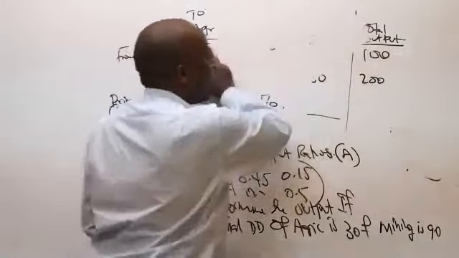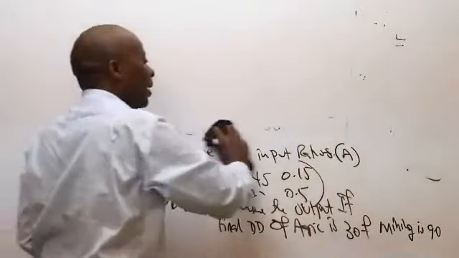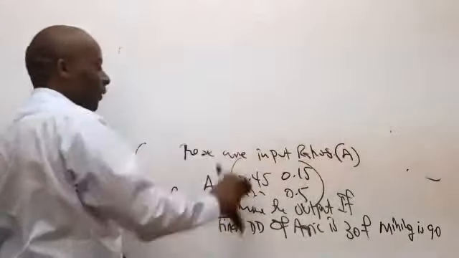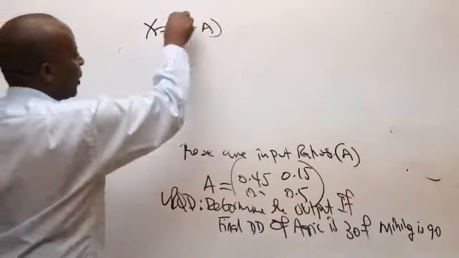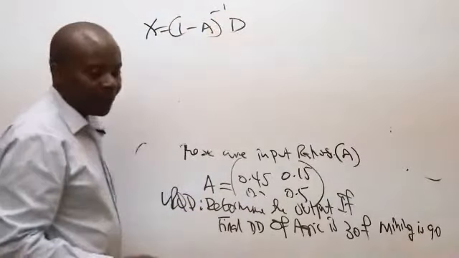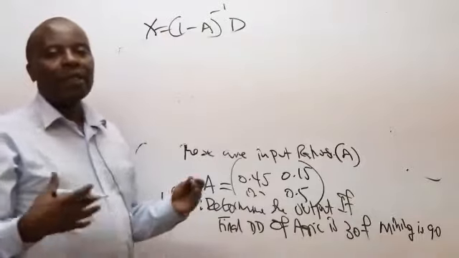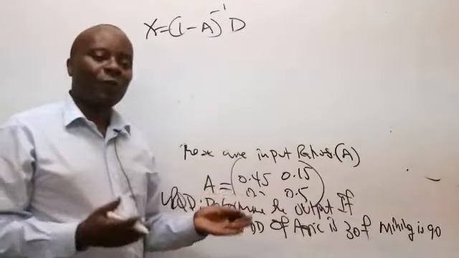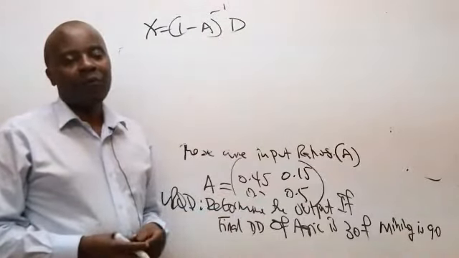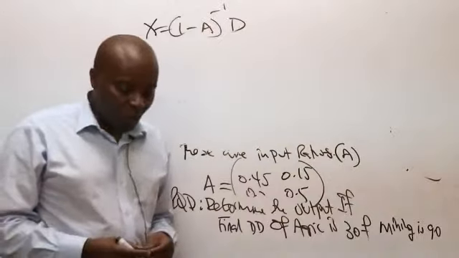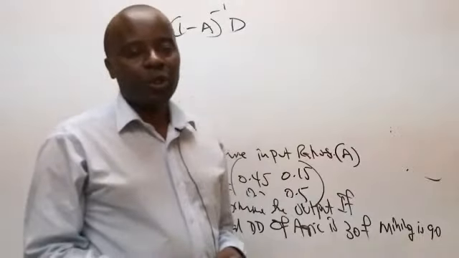This table now is useless. Now I need to remember Leontief's inverse model, which tells me that X should be equal to (I minus A) inverse times D. Then you go through the entire process that I showed you a few minutes ago. Is there anybody who has a question before I tell you what we should do next?